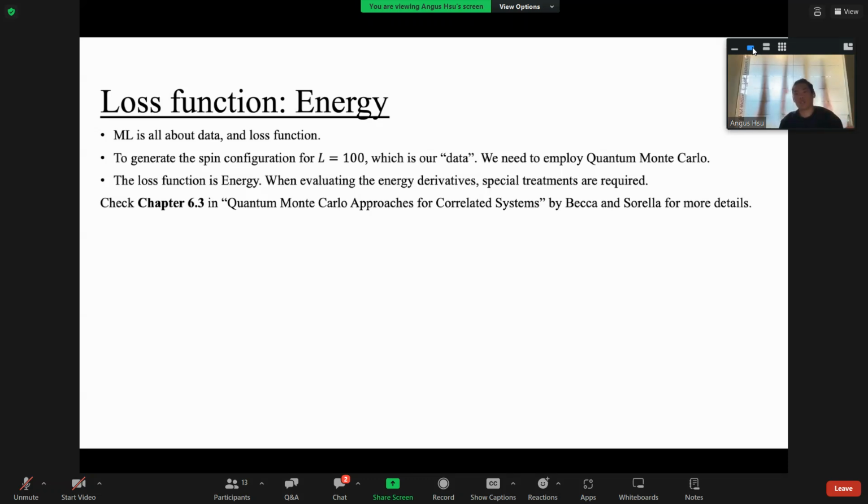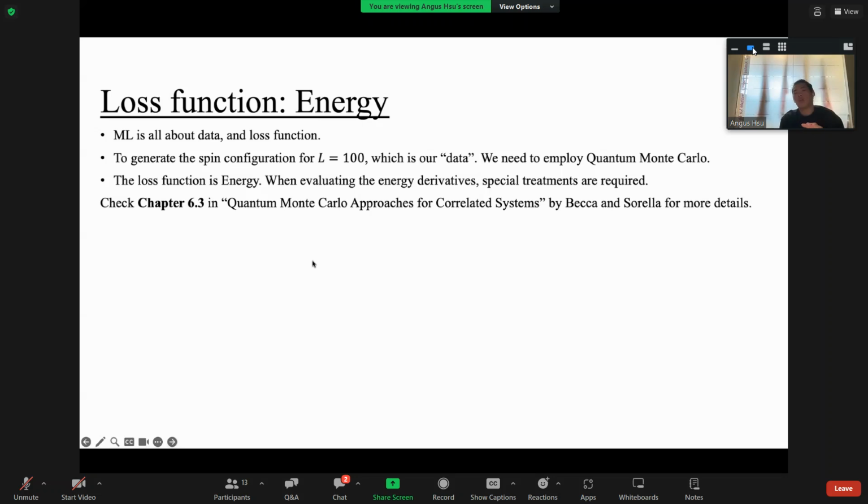So you have to use quantum Monte Carlo. And when you have quantum Monte Carlo, things get a little bit difficult, because you cannot perform the normal gradient descent on the energy directly. It has to be performed a certain way. I won't go through that in much detail, but I put a reference here.